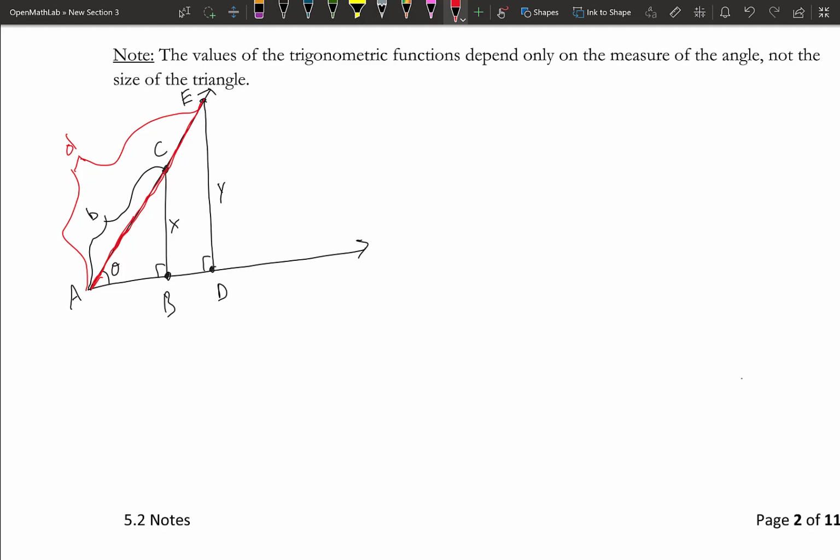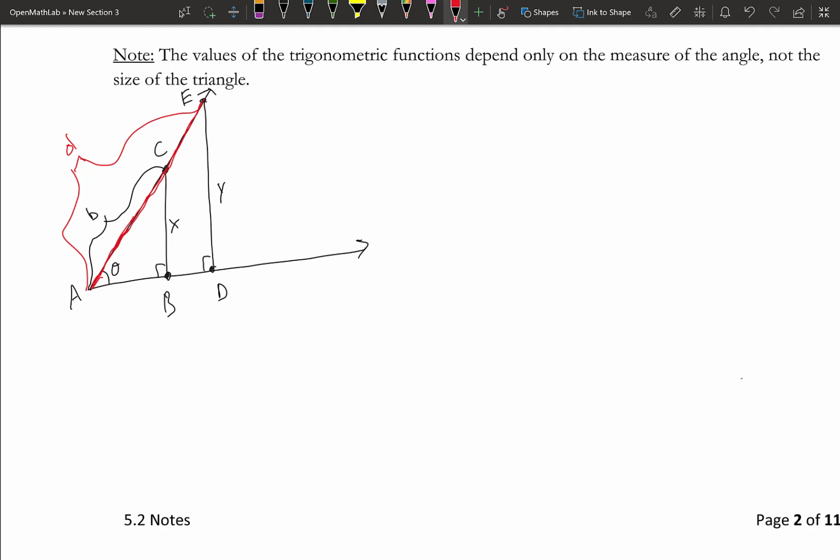So part of this is a little review from when you took geometry, maybe in high school, where you may have talked about something called similar triangles, right? So we probably talked about similar and congruent triangles at the same time. But similar triangles are triangles where all of the angles are the same measurement, but the triangles are not necessarily the same size, right? So essentially, two similar triangles have the same shape, but their corresponding sides are proportional.